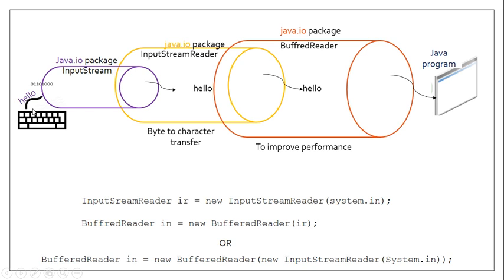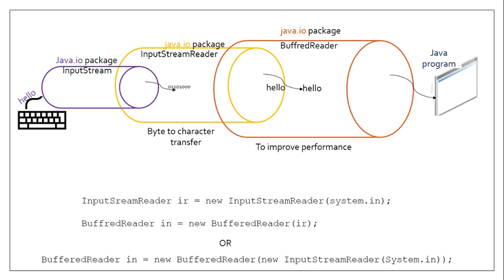See here, data moves from the keyboard through System.in, passed to the InputStreamReader. Now the InputStreamReader converts this data and passes it to the BufferedReader.